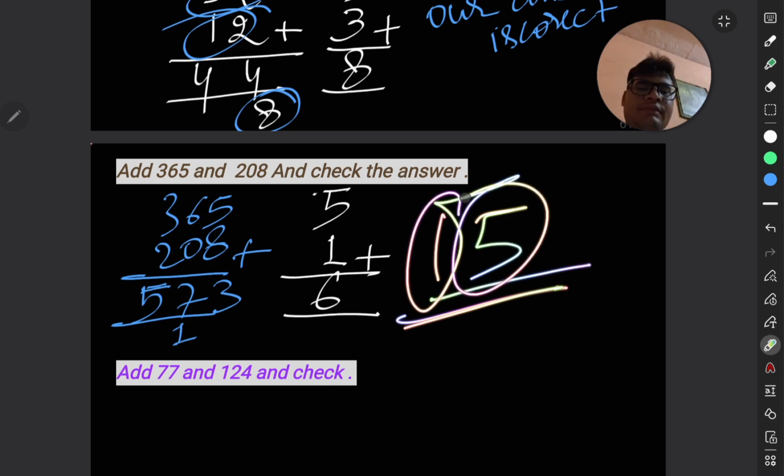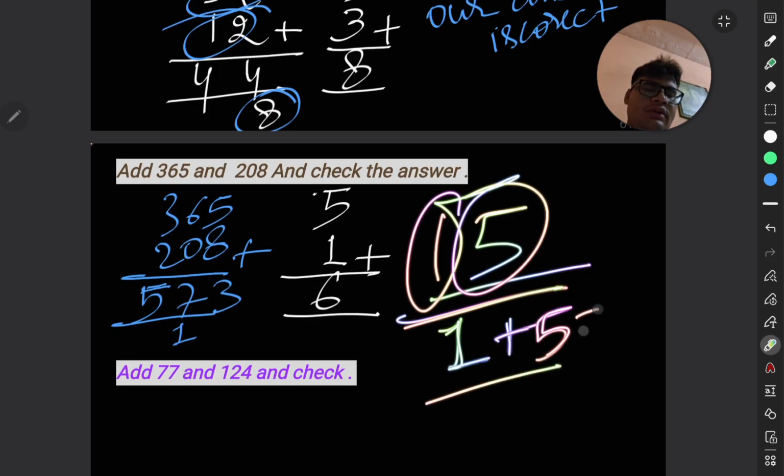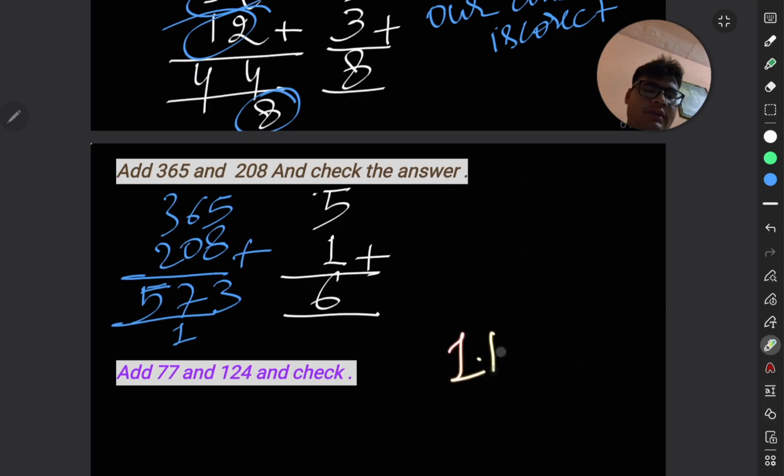There is 1 and 5. We will add 1 plus 5, which will be 6.